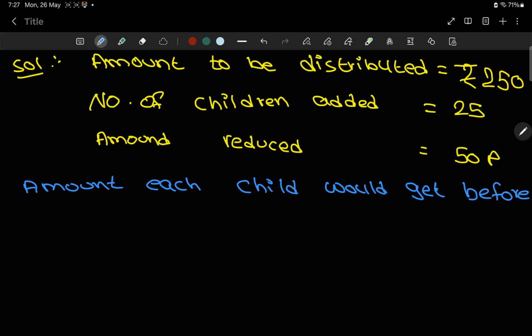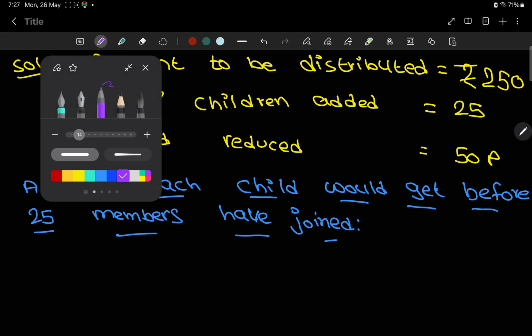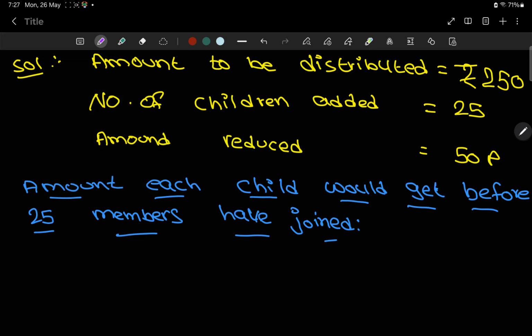Before 25 members have joined, it would be the amount that each child gets, which means we should do division. We are dividing 250, right? So it will be 250 by the number of children.